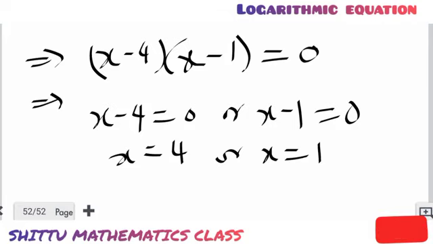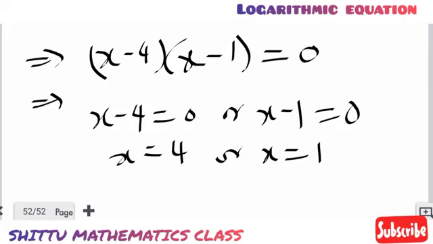Now if you actually want to know which one satisfies this, you have to substitute the values of x back into the original equation to determine whether it satisfies the equation or not. After doing that, if you put 4 back into the equation and you find that the left hand side is equal to the right hand side, we conclude that x equals 4 is a true solution for the equation.